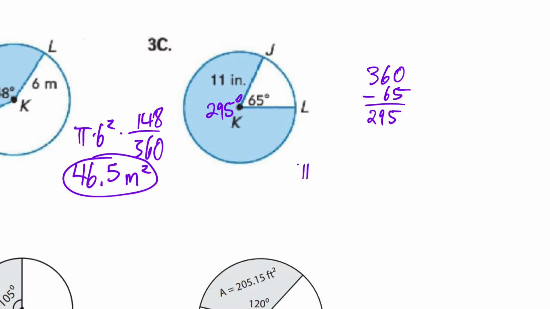So we're going to go pi times 11 squared times 295 over 360, and this is going to round to 50.